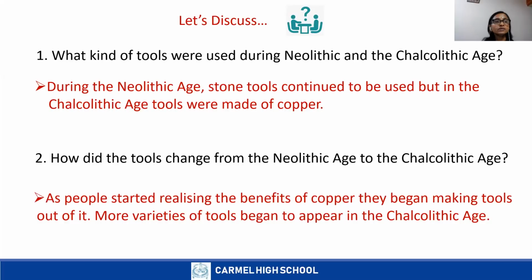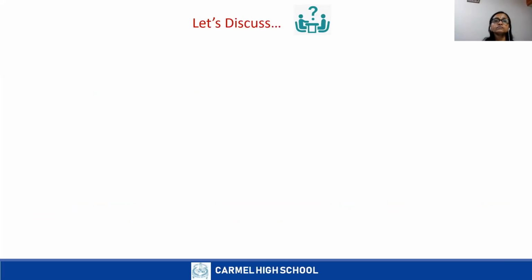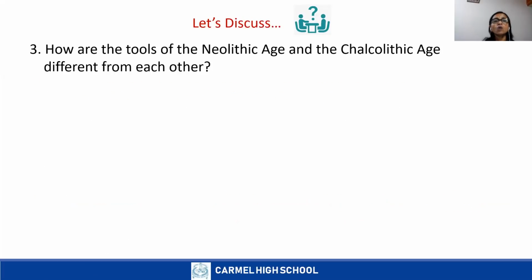Now, next. How are the tools of the Neolithic age and Chalcolithic age different from each other? So you learned about the tools of the Neolithic age and the tools of the Chalcolithic age. How are the tools different?